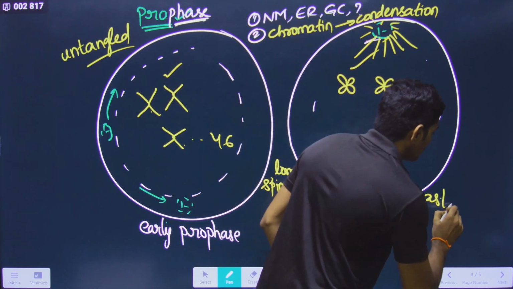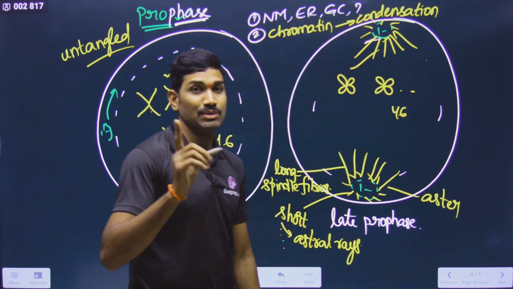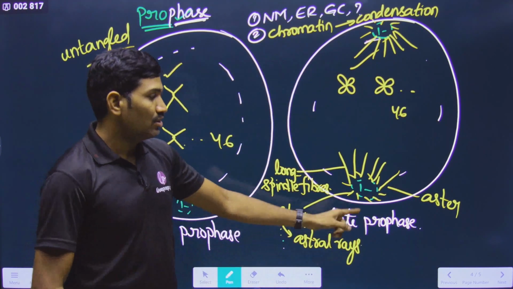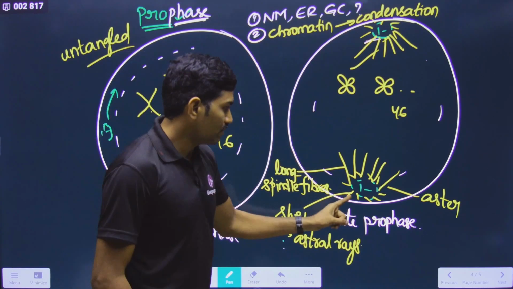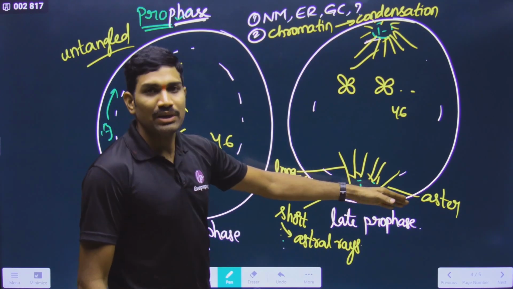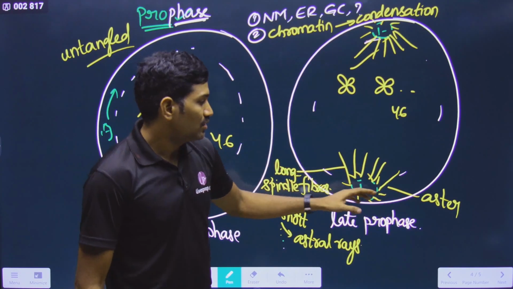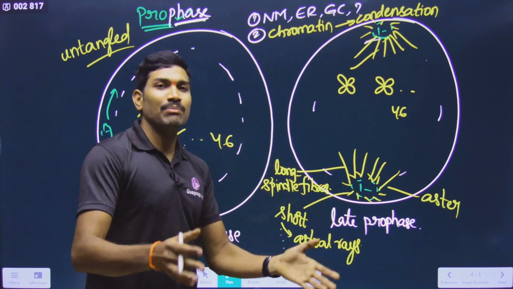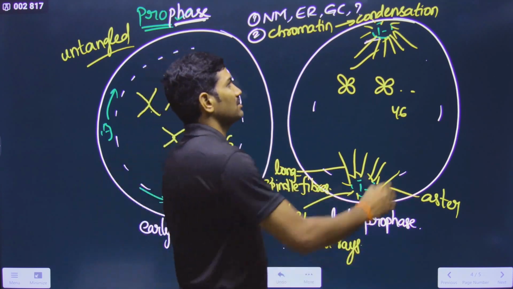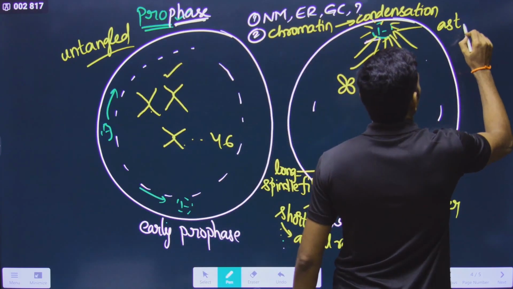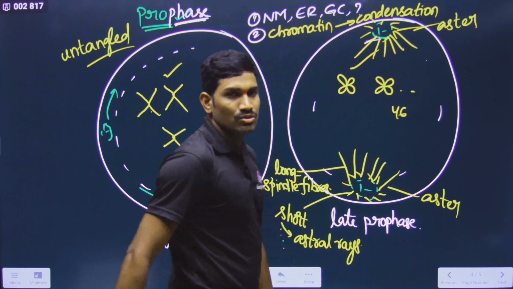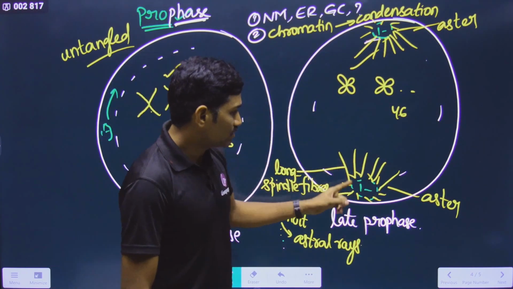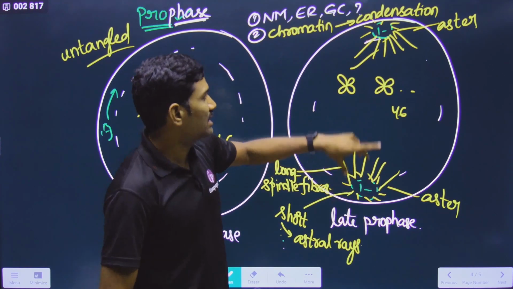Already I have explained this information clearly in the cell chapter itself, under the centrosome, so here I don't want to spend more time. Please observe this. It appears star shaped, right? This is the centrosome at the center, and from it microtubules are coming out, appearing as a star. That's why it is called aster. And this is also called aster. Yes or no? So the centrosome with these microtubules is called an aster. This is one aster, this is one aster.